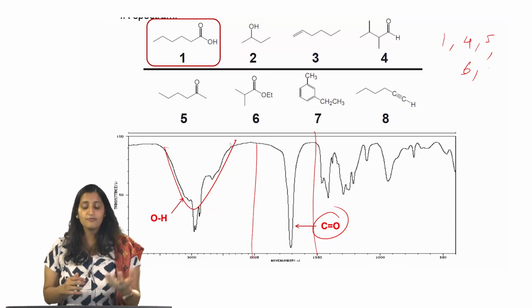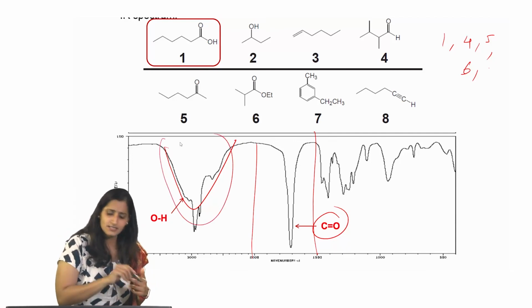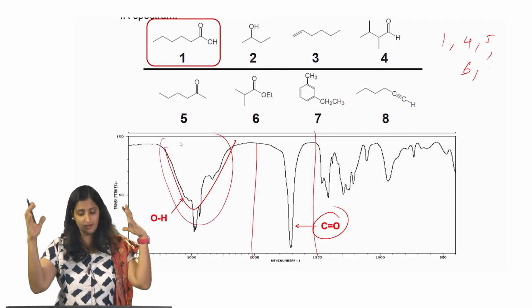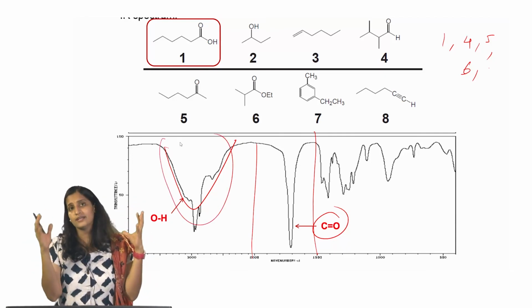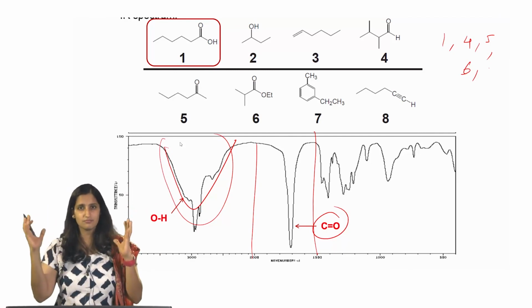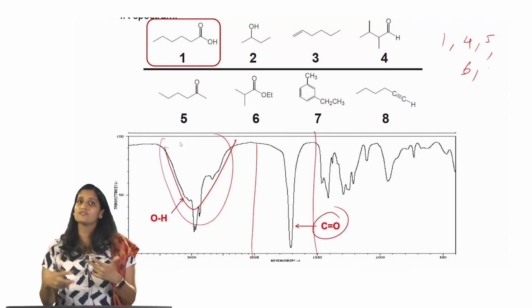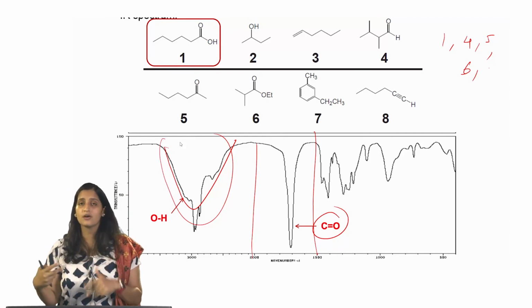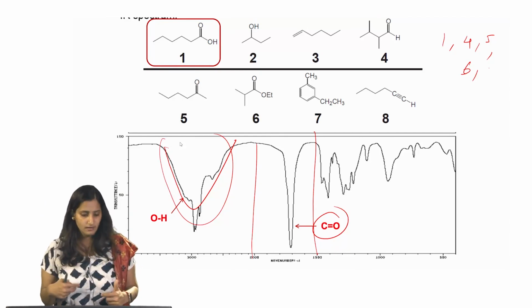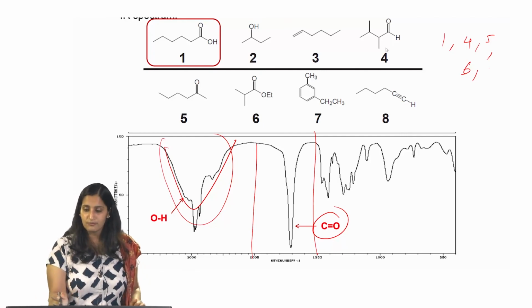So, out of 1, 4, 5 and 6, which molecules allow for hydrogen bonding? In fact, carboxylic acids have this very characteristic stretch that goes from 2700 to close to 3300, a very nice broad peak, because carboxylic acids always form dimers. They have hydrogen bonding between two carboxylic acid molecules, and thus I will not select 4 because it does not allow for hydrogen bonding.